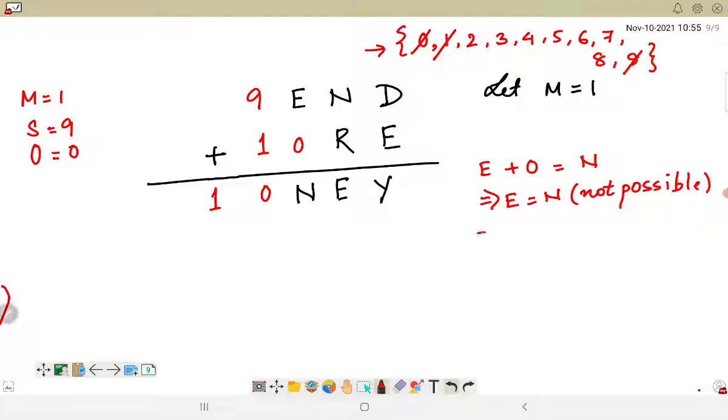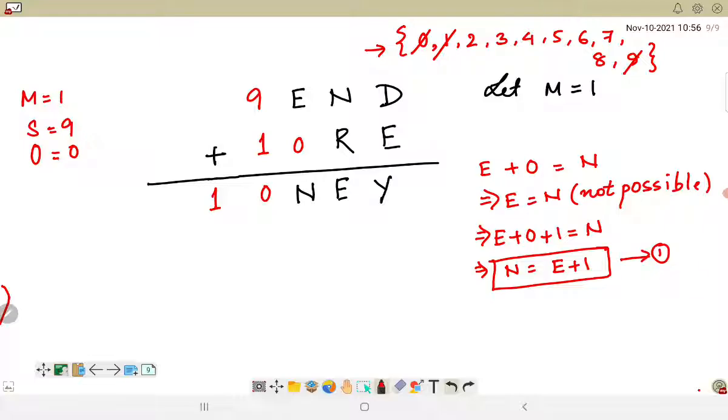I can simply use e plus 0 plus 1. Let us introduce a carry here which is equal to n. That means n is equal to e plus 1, right? So n is now not equal to e, n is equal to e plus 1. So it will have a different value as compared to e, right?